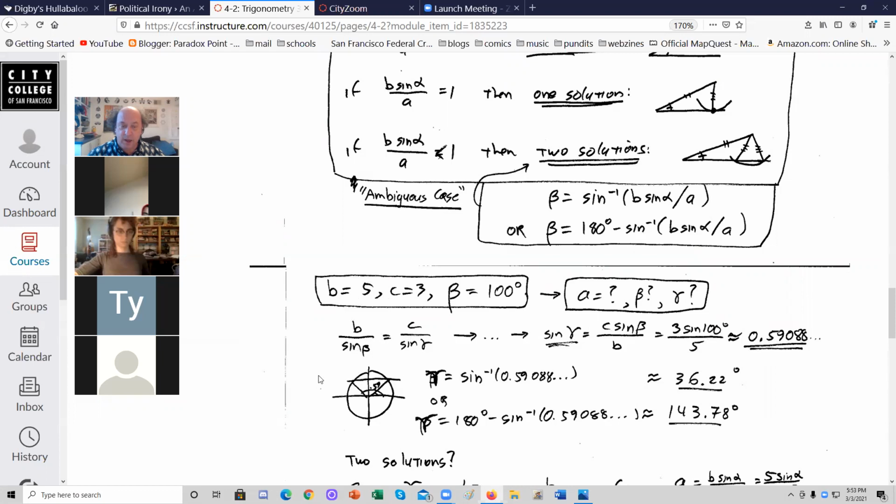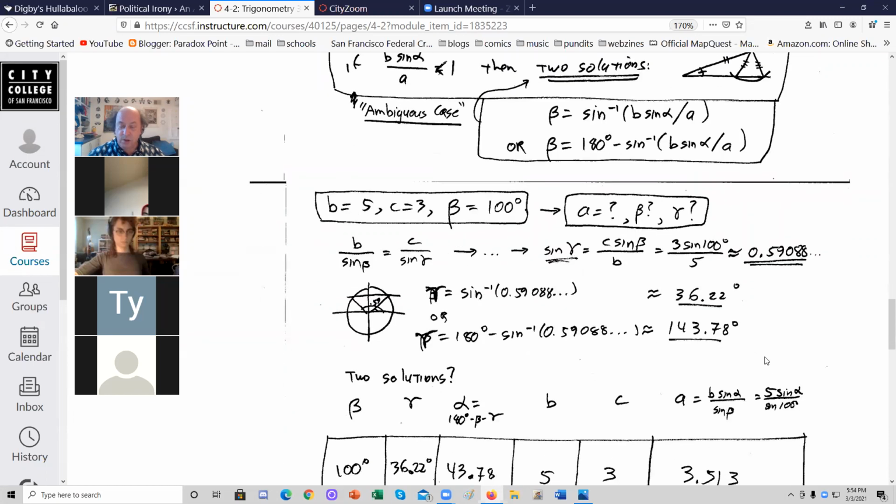2 solutions. So arc sine of that. To find an arc sine, draw this horizontal line at a height of 0.59088. And so you get 2 angle solutions, this angle here and this angle here. The sharp angle is arc sine of 0.59088, which is about 36.22 degrees. This obtuse angle solution is 180 minus that arc sine, which is about 143.78 degrees.